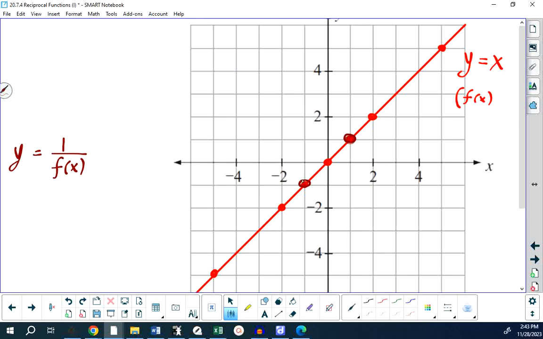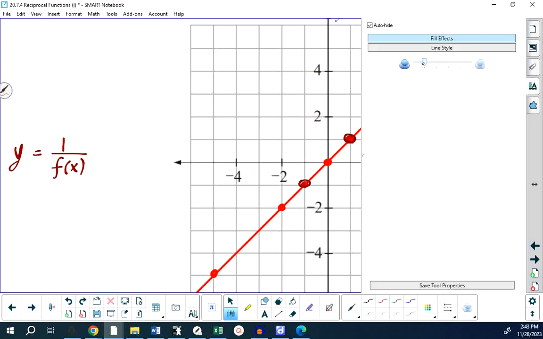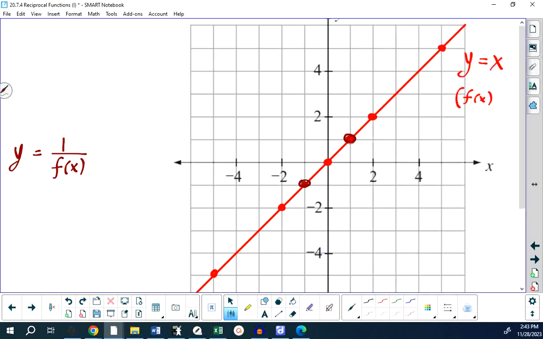That might be a little too transparent. Right? There's still a red dot under there. I think you get that. But when we look at 2, x equals 2 produced a y coordinate of 1/2, didn't it? And did we do 5 as well? Was 1/5.